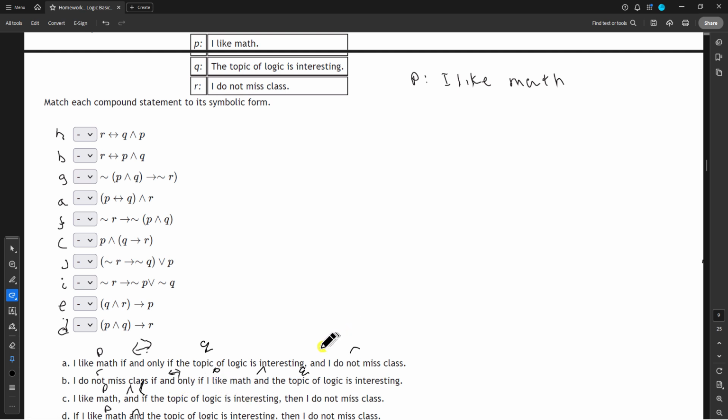So the topic of logic is interesting, Q, then implies I do not miss class, R. So I'm looking for a P and parentheses. There's a P there, and that's an and. Parentheses Q implies R. So that one is C there.